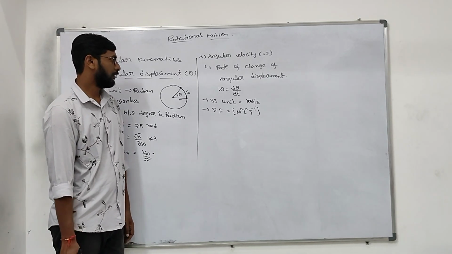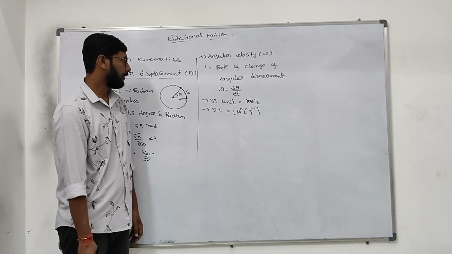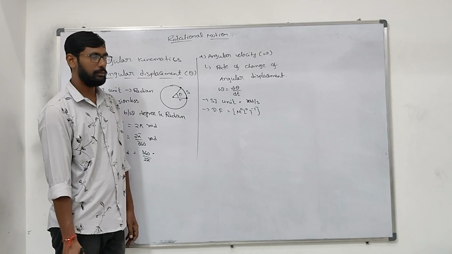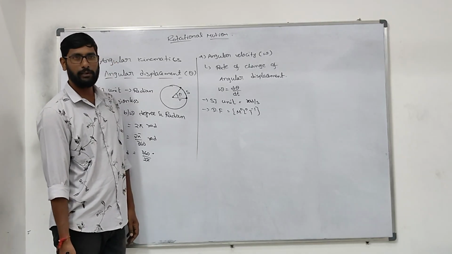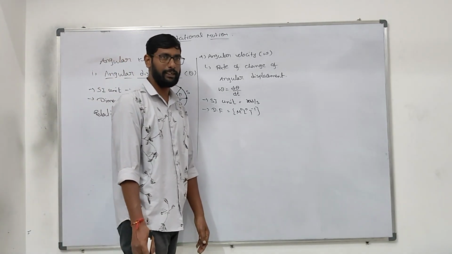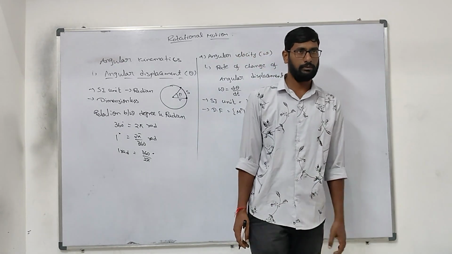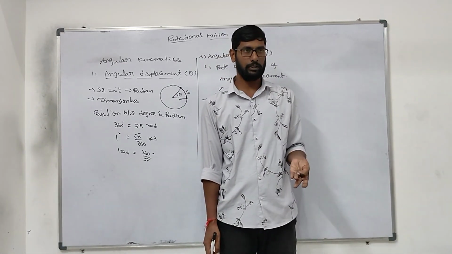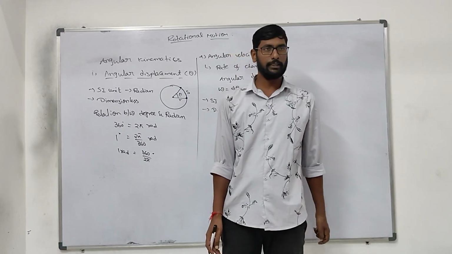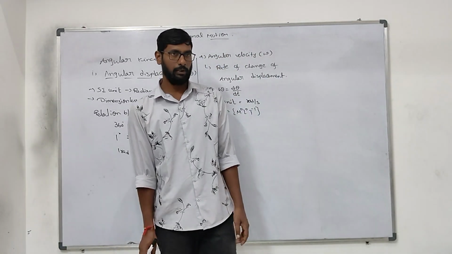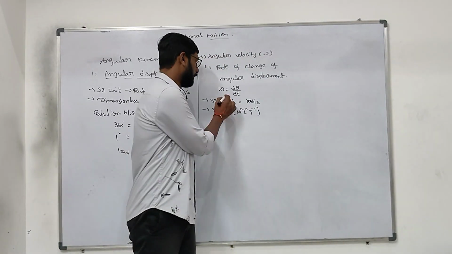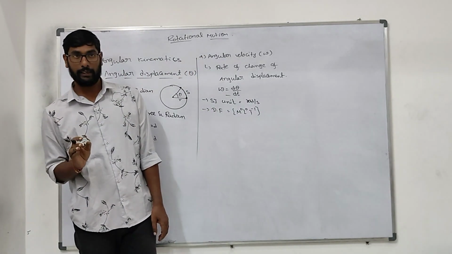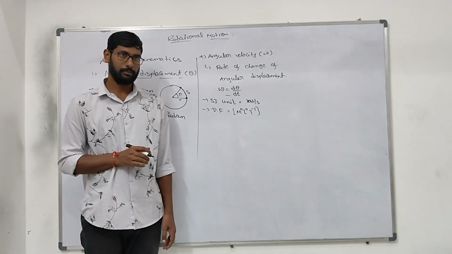And if you want to discuss angular velocity further, like linear velocity, in linear velocity you have 3 types. Right? Instantaneous velocity, average velocity, uniform velocity. Instantaneous velocity means velocity at a particular instant, defined as v equals ds by dt.